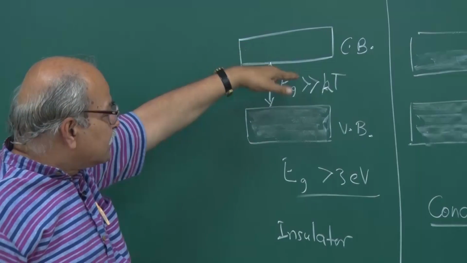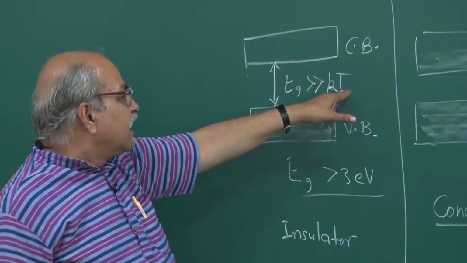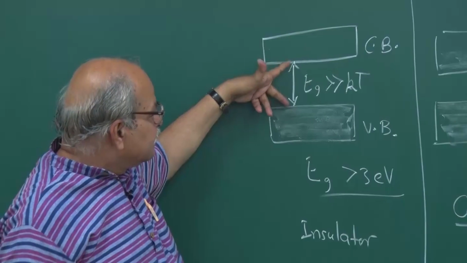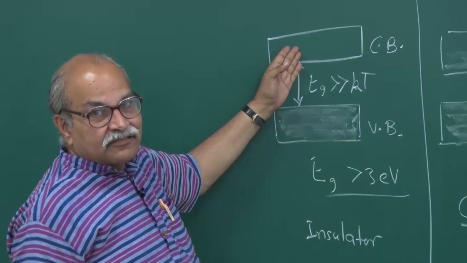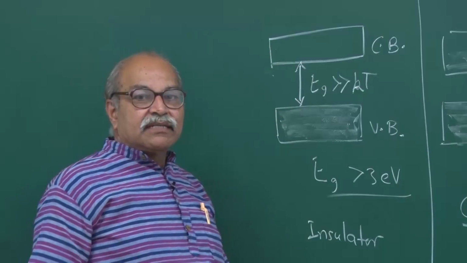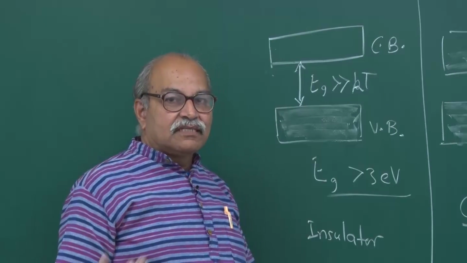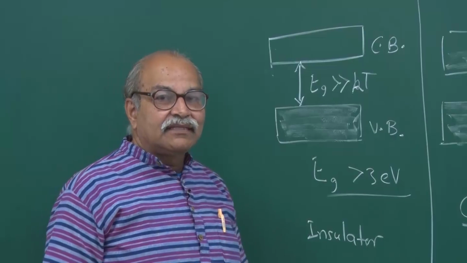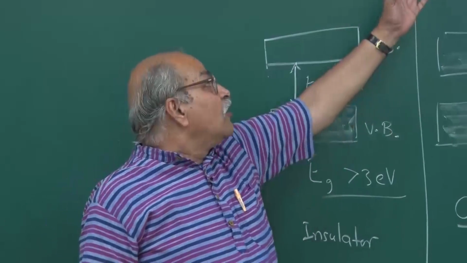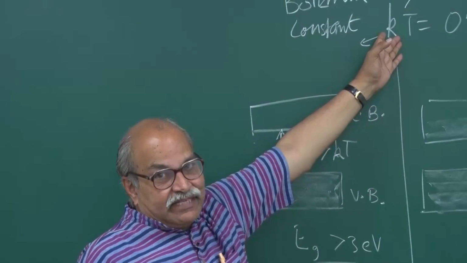Once you are at room temperature, this Eg will decide whether some of these electrons can be promoted here, because in interactions this thermal energy exchange takes place, and that is of the order of kT on the average.